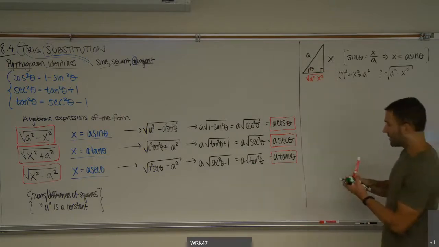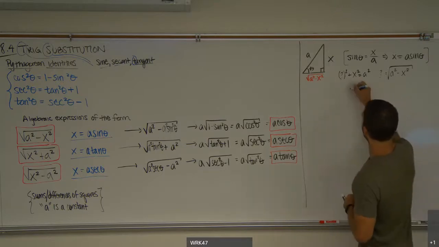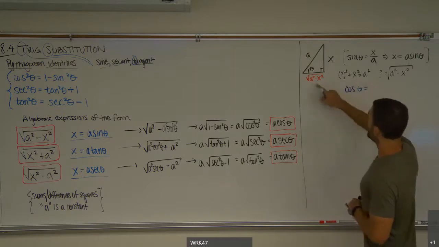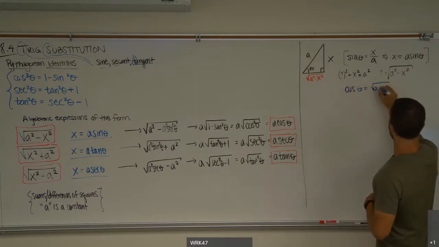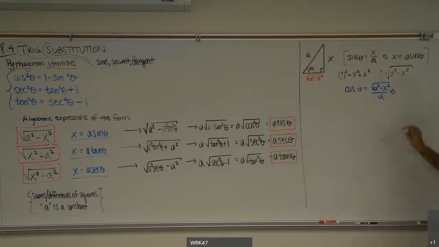In fact, in this case, we have cosine of theta is adjacent over hypotenuse. And again, multiplying both sides by that constant a gives me that this algebraic expression is a cosine of theta.